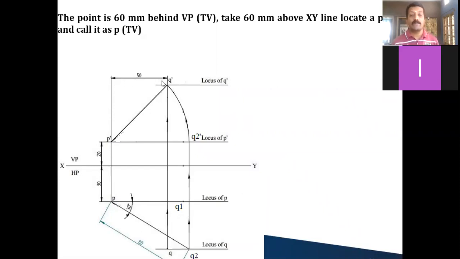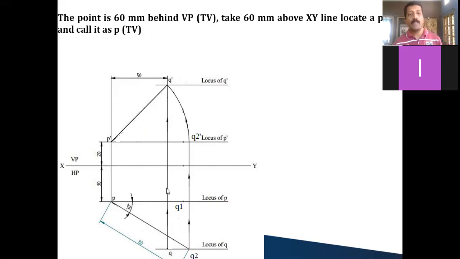This is the end projector distance. Draw a vertical projector line from P or P dash like this. Wherever this vertical projector line cuts the locus of Q, mark that as Q itself and join it with a thick line PQ. So this is the top view.